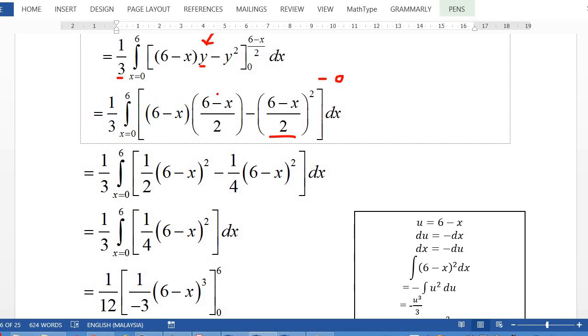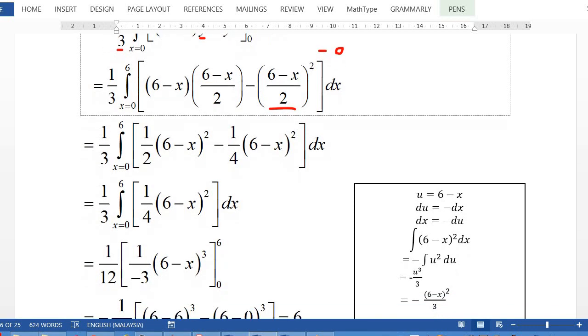You have half of 6 minus x squared, minus 1 over 4 of 6 minus x squared. In total you have 1/4 of 6 minus x squared.